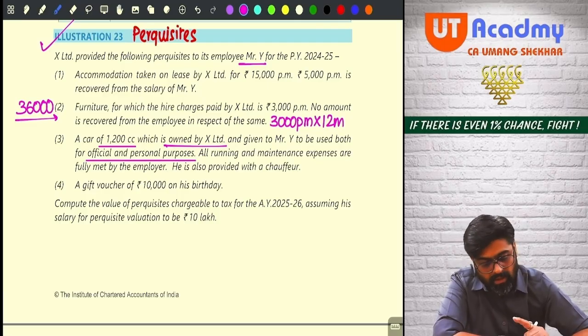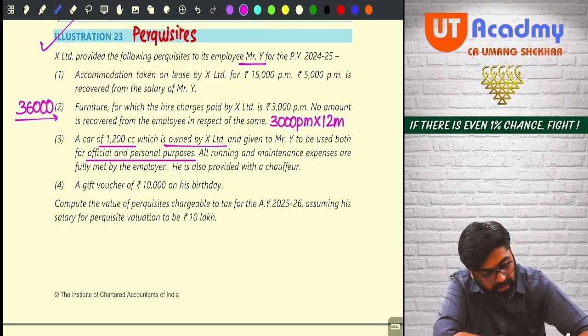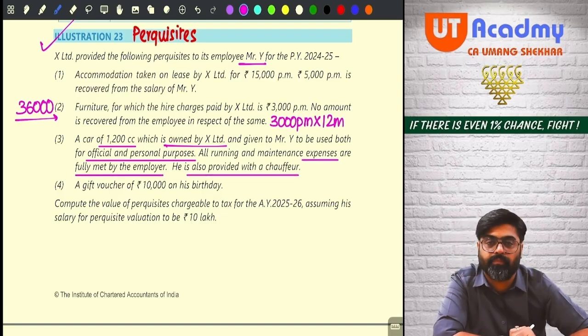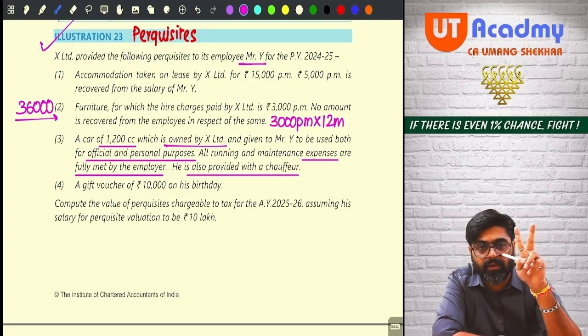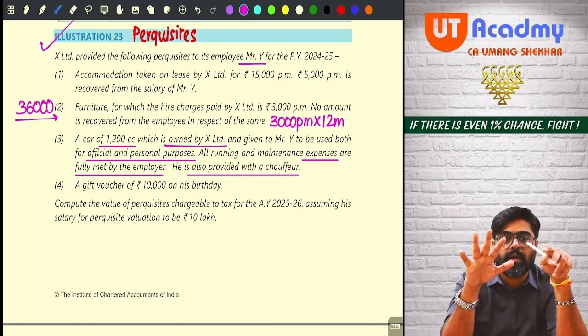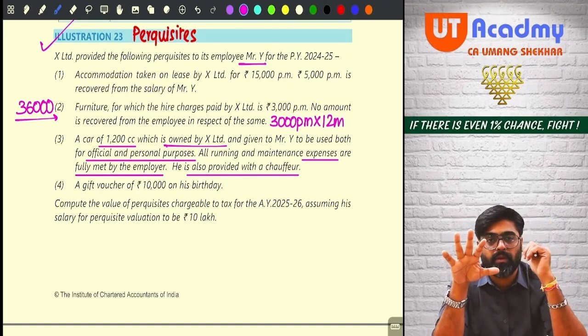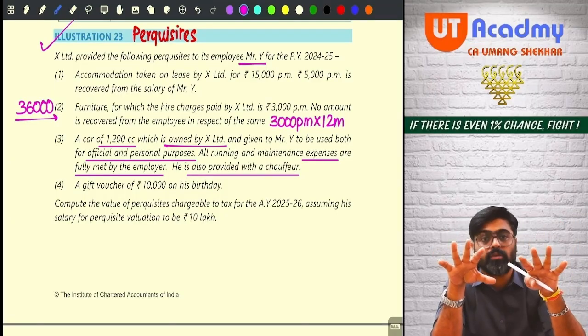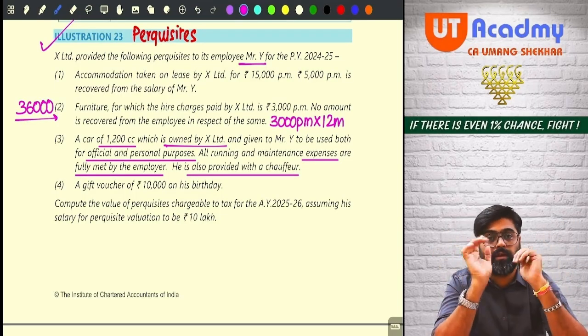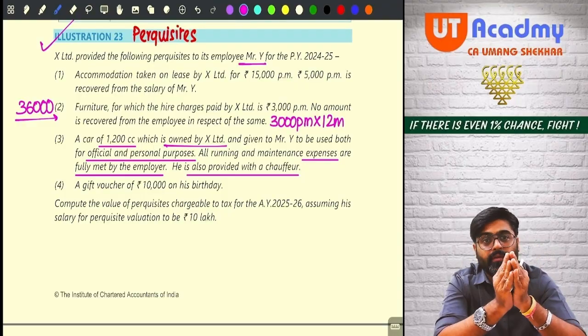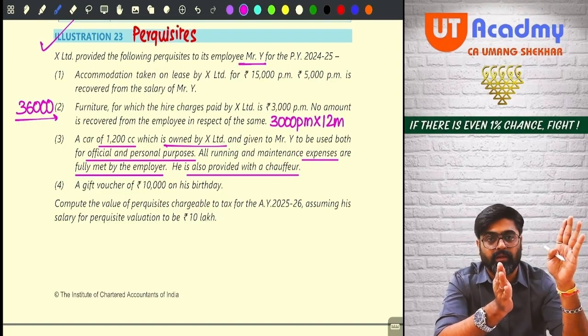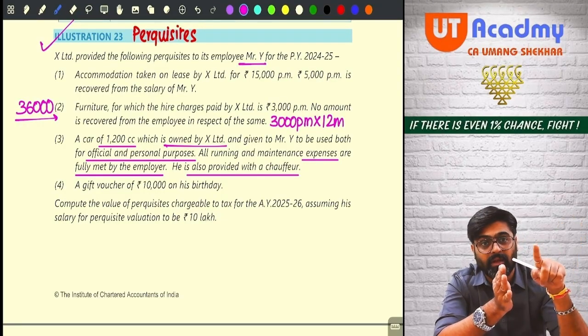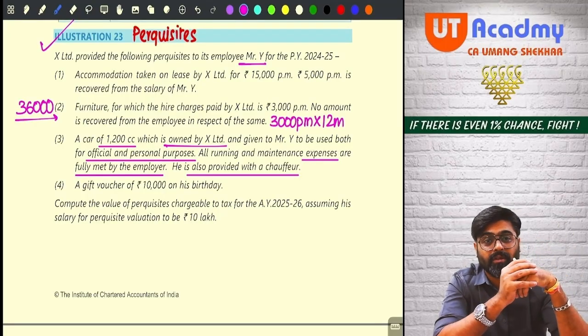Now for this car, all the running and maintenance expenses are fully met by employer, and he is also provided with a chauffeur, meaning that he is having 2 benefits now: use of car belonging to the employer and expenses also met by the employer, including driver's salary. Both the benefits taxable minus the recovery. Fully taxable if the car was used fully personal.